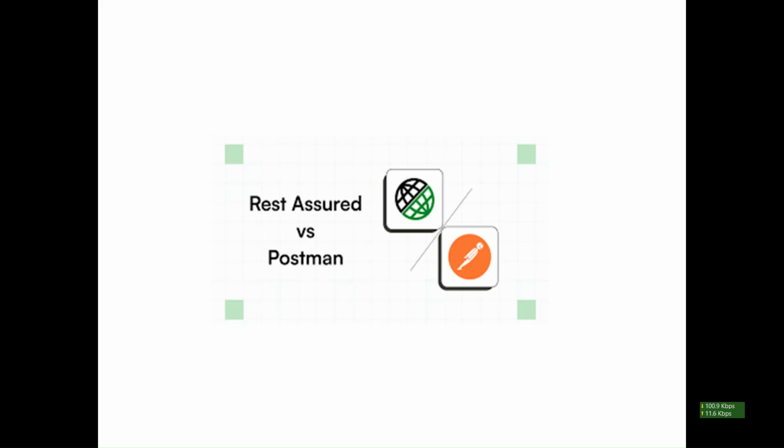So what is the difference between Postman and Rest Assured? In Postman we can do manual testing of the API. We can create collections, add environments, integrate with Jenkins, and test all the four methods manually.